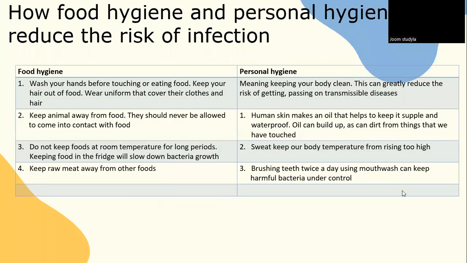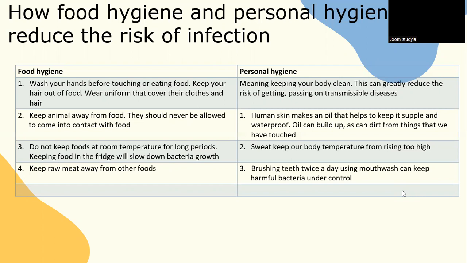How can food hygiene and personal hygiene reduce the risk of infection? Let's look into food hygiene. First and foremost, and this is very important, wash your hands before touching or eating food. Keep your hair out of food, for example by wearing a uniform that covers clothes and hair.